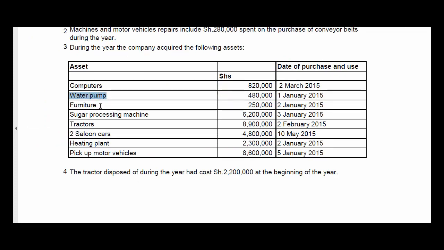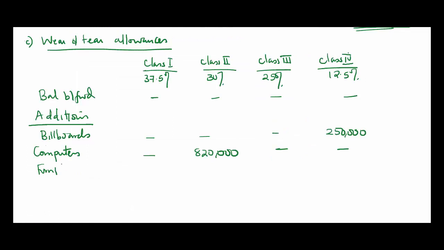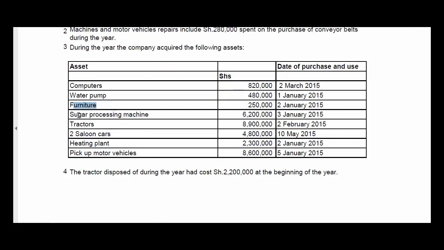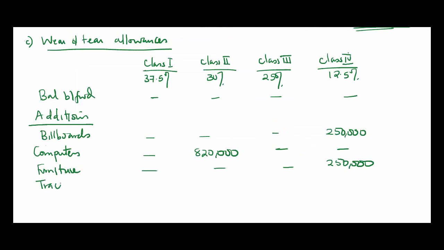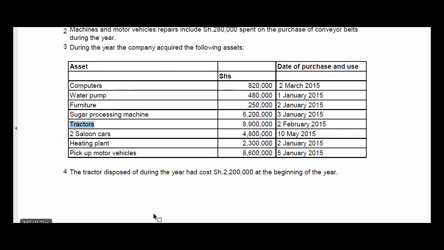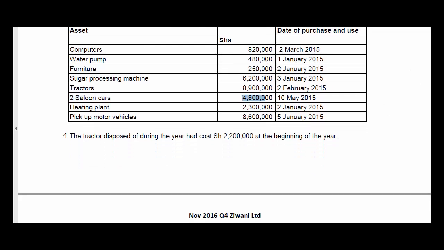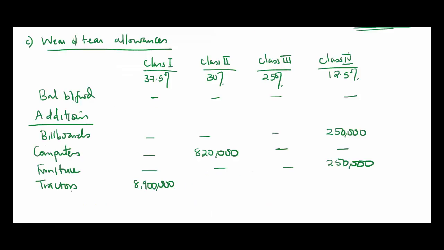Water pump was part of the investment deduction, manufacturing capacity. We have furniture, 250,000. It is class 4. We have tractors, which are heavy moving, class 1. Then we have 2 saloon cars valued at 4.8. Remember, there is a restriction on saloon cars.